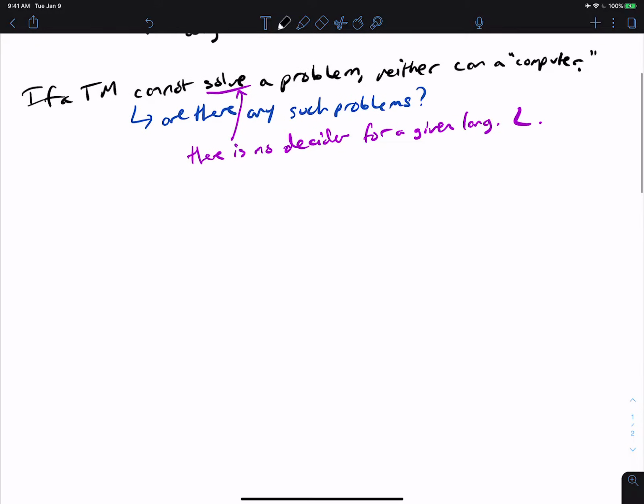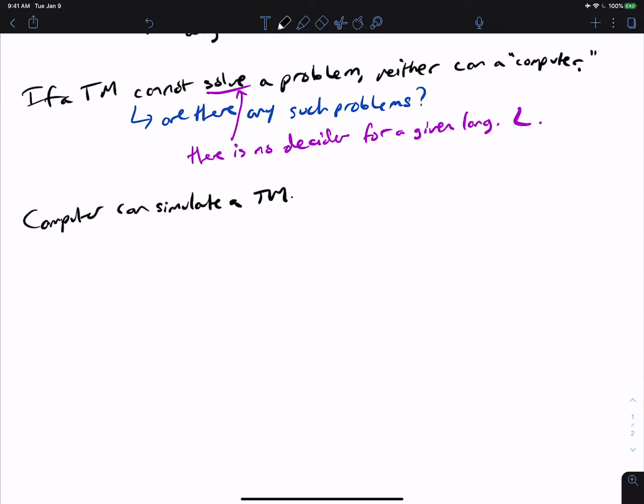Instead, let's revisit that statement I said earlier, that a computer can simulate a Turing machine. This is pretty obvious, but let's think about this a little more.